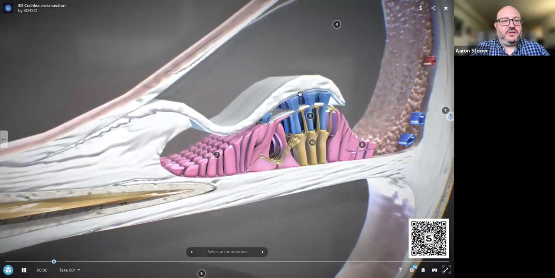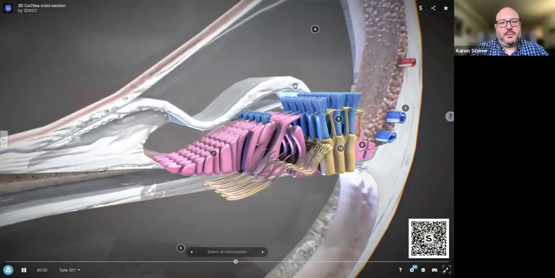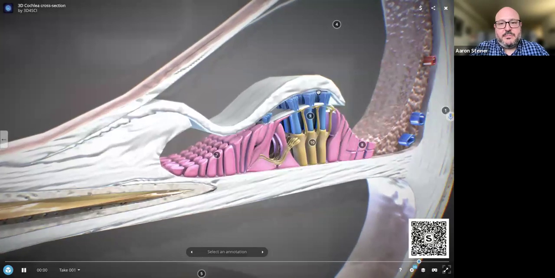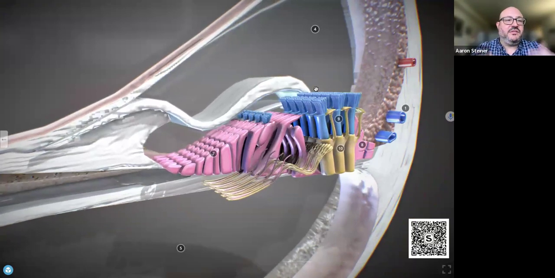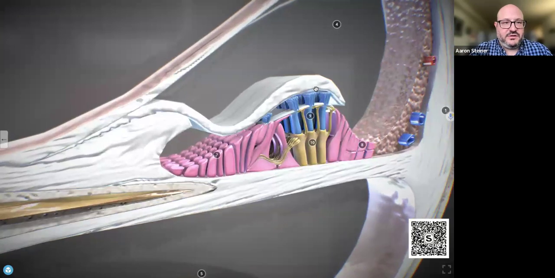What happens is when sound waves travel through your ear, they move this whole structure up and down, up and down. And when that happens, this membrane, this piece of tissue, pushes on the tops of the hair bundles, and that causes them to send a signal to your brain saying that you're hearing a specific frequency.